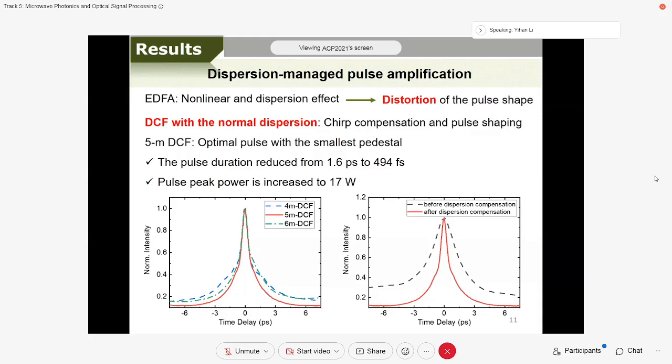But here you have shown a pulse duration reduction from 1.6 picoseconds to 494 femtoseconds. According to this simple Fourier transform relationship, 494 is probably not your lowest achievable pulse width. So can you comment on this? Do you think there's still some way you can go to achieve narrower pulses in the time domain?